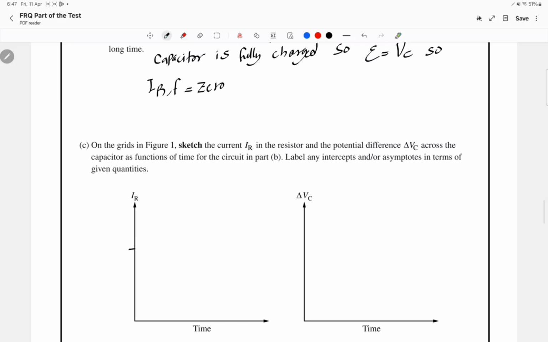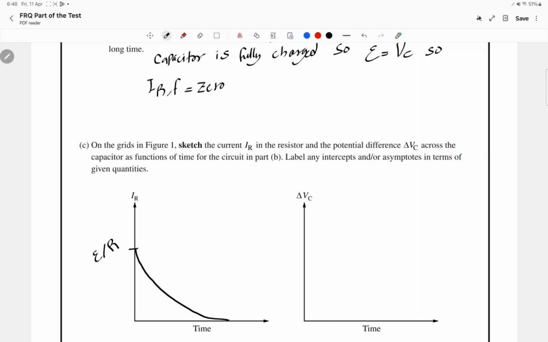So here I'm going to put EMF over R, so it was not 0, but then over time it became 0. So we have an inverse relationship with time. If it's inverse, never use a straight line going down. Never. Always use a curving line going down if it's inverse.